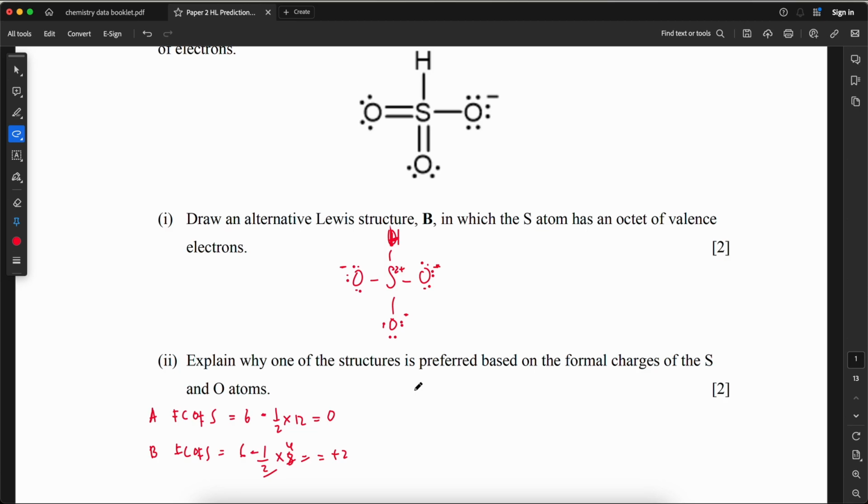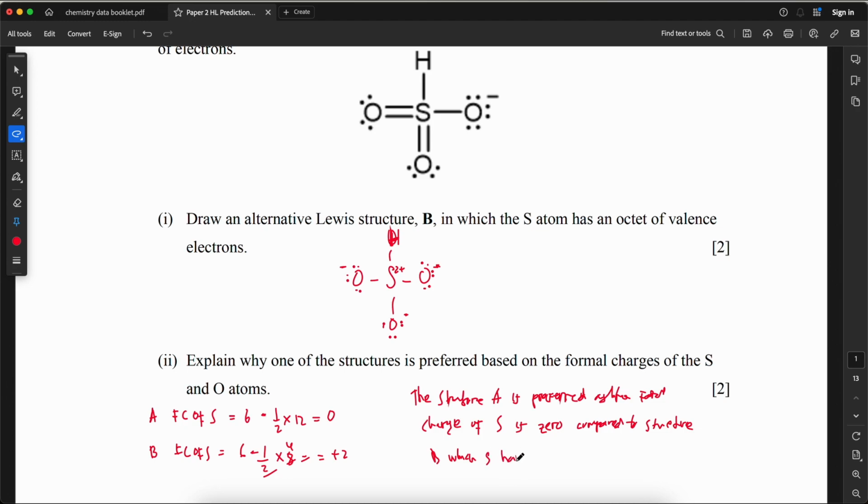So structure A is preferred as the formal charge of S is 0, compared to structure B, in which S has a formal charge of +2.